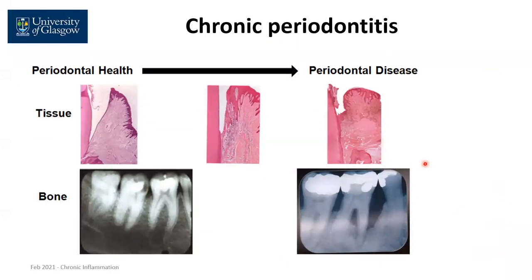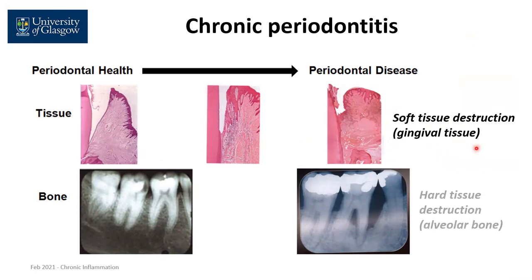So what happens in periodontitis, which as we should know by now is a chronic inflammatory disease, is you see changes not only in the soft tissue, so basically destruction of the gingival tissue when you shift from oral health into oral disease, but you also see destruction of the hard tissue as well. These are just some x-rays showing that you get recession of the alveolar bone, arising from destruction of the bone itself.